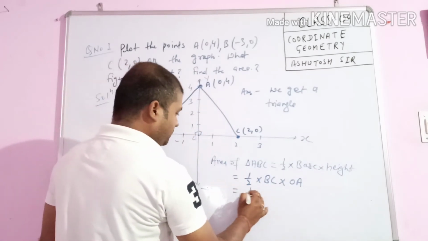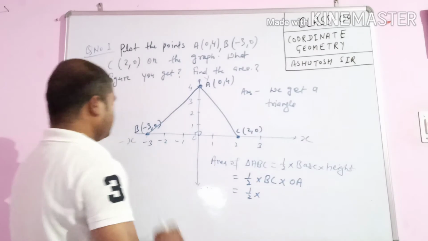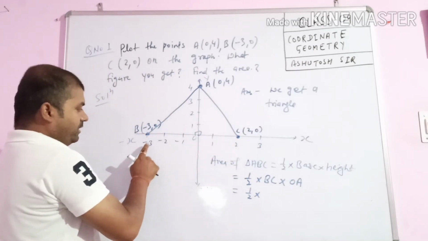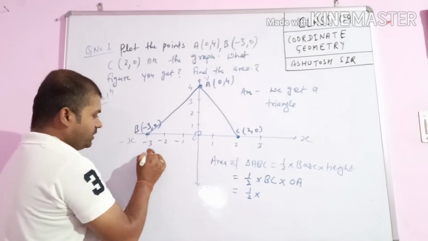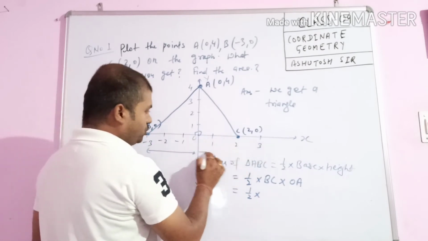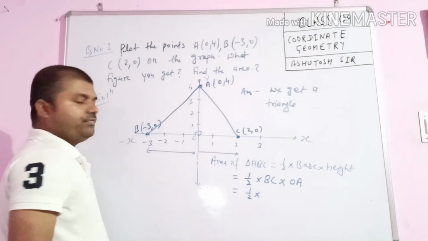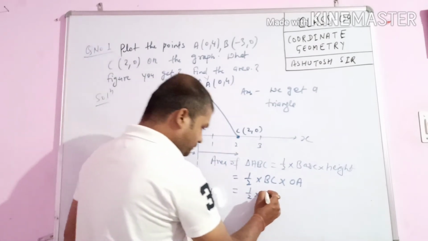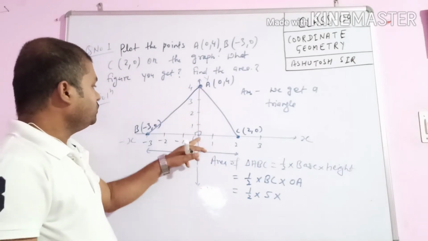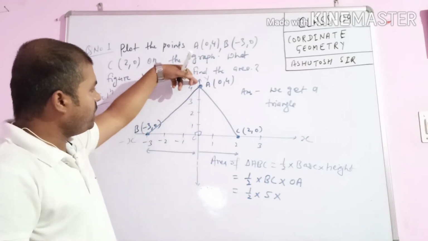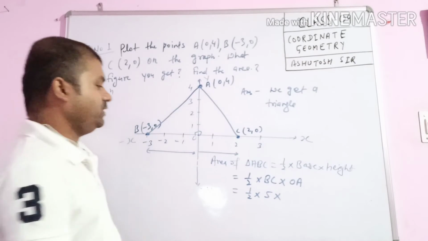Let us find the distance of BC. BC: up to the origin, here is 3 units and this one is 2 units. The total distance of BC is 5 units, and the height is OA. So the distance of OA is 1, 2, 3, 4 units.